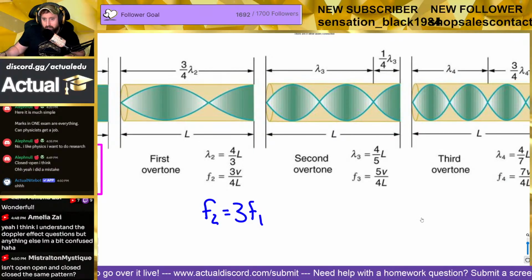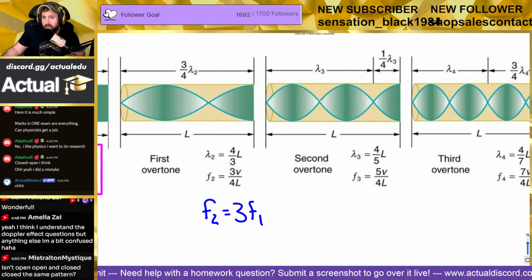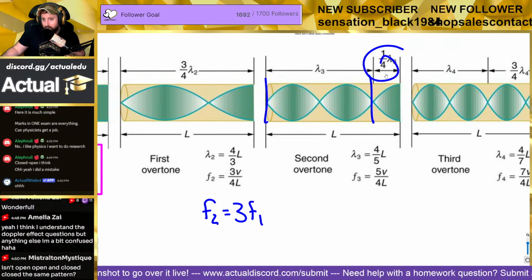And then you can go again. Be like, okay, how can we fit more? Okay, well, I already did that. So the next thing would be to do this. And in this case, now I'm fitting 5/4 of a lambda in there, right? So I have a full lambda and then another quarter.